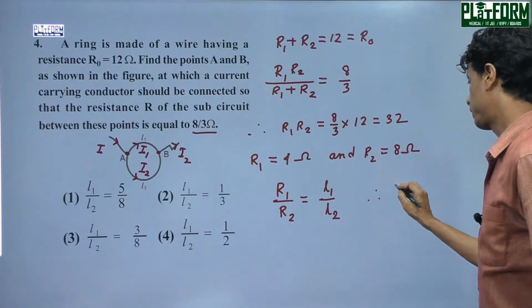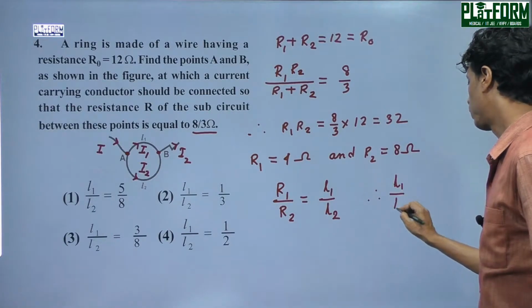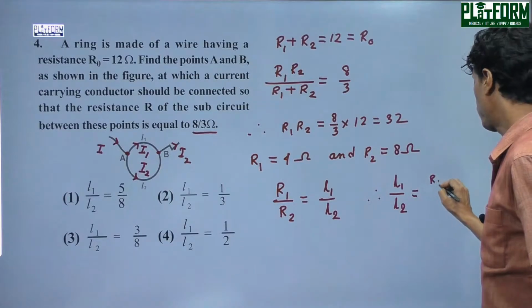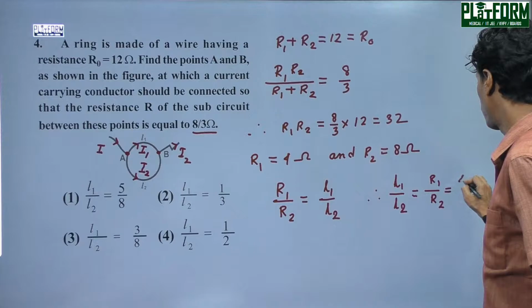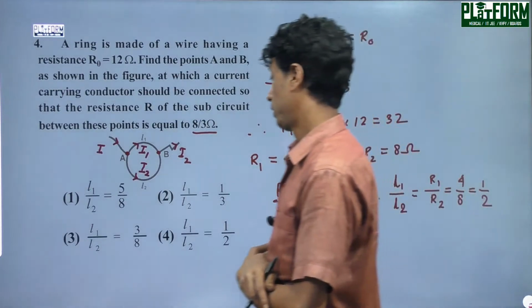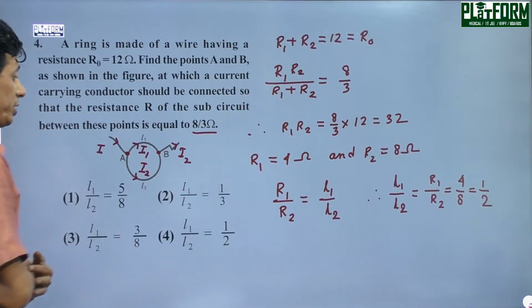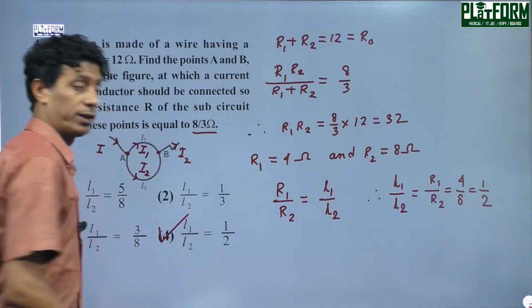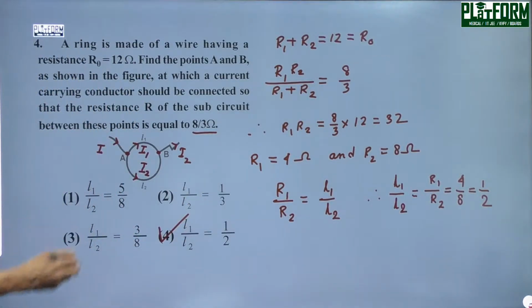Right option here: the ratio of length of two parts is equal to R1 by R2, direct proportion, it is 4 by 8, and the answer becomes half. The correct option here matches with 4. Let us move to the next problem.